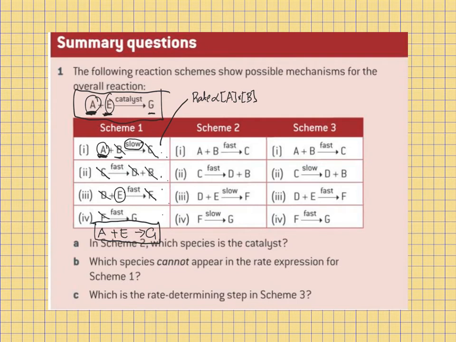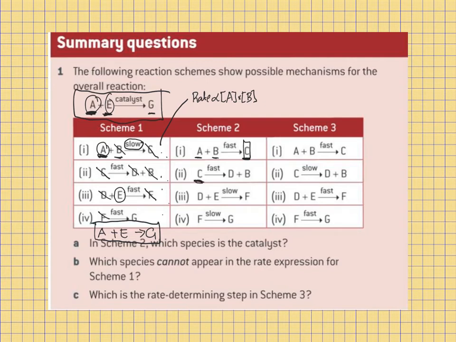Let's now have a look at scheme 2. In scheme 2, again, A and B are reacting together, but that's a really fast step. So it's not the rate determining step. They're making this product C. C then quickly breaks up this intermediate. So an intermediate, remember, is a species that doesn't appear in the overall equation.